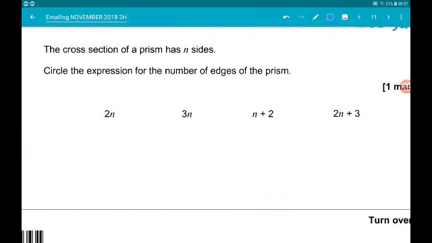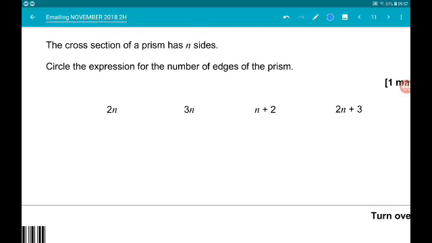Okay, question 14. So, the cross-section of a prism has n sides. Circle the expression for the number of edges of the prism. Okay, so let's try this with a few prisms. So let's go with a triangular prism.